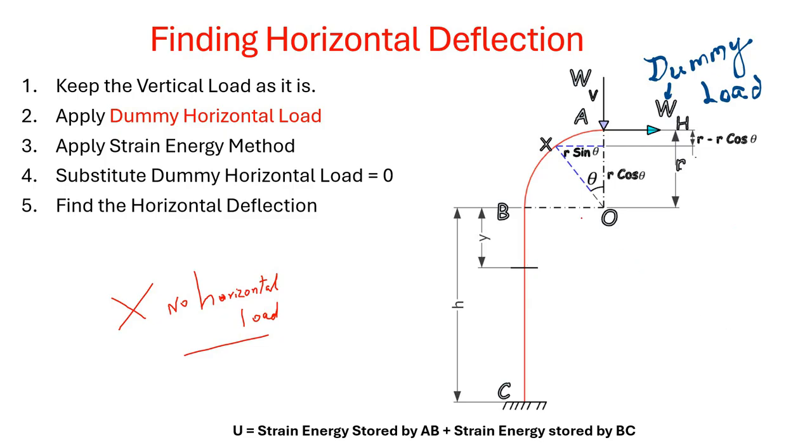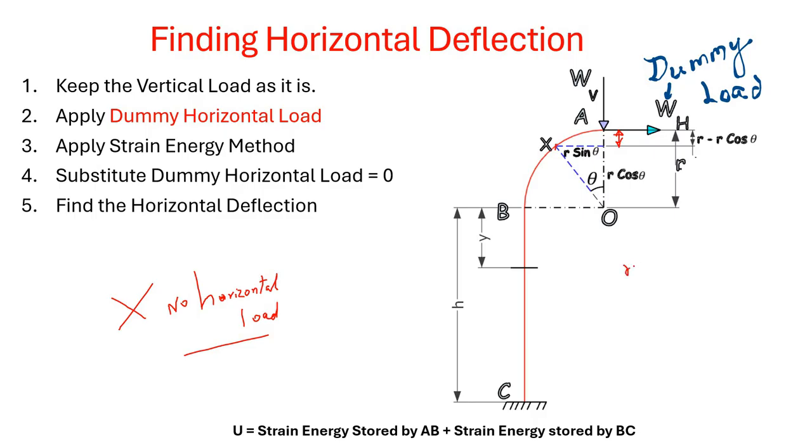Here the challenge is finding the expression for the moment at this point x, which is due to WV. So you can see that WV is at a distance. The lever arm distance is r sine theta, and if you take the lever arm distance between point x and the horizontal load WH, you will find that this lever arm distance is going to be r minus r cos theta.